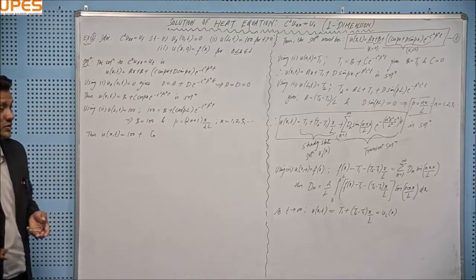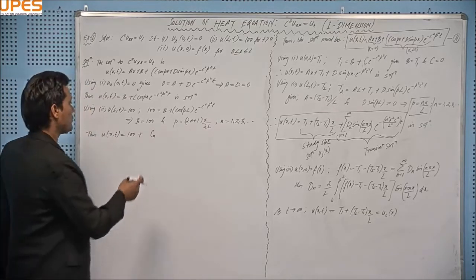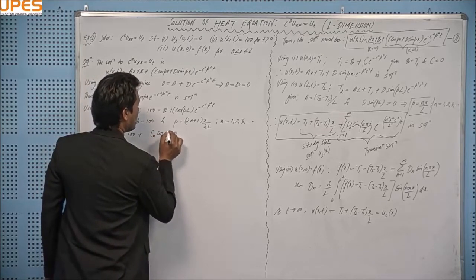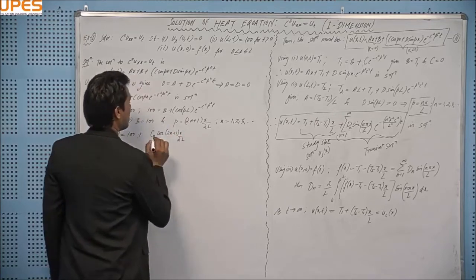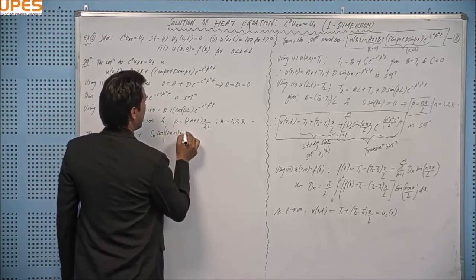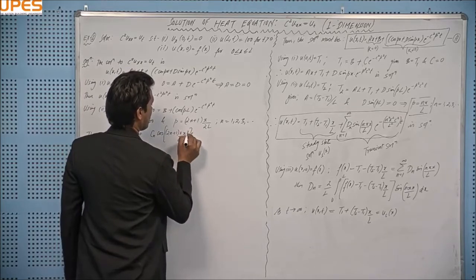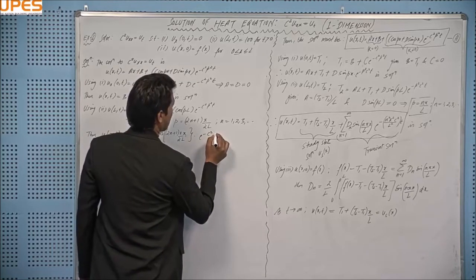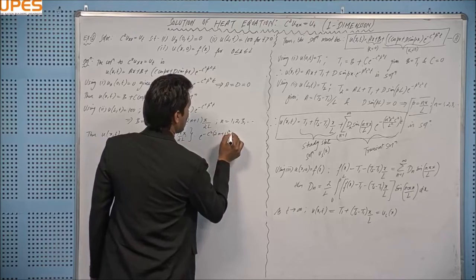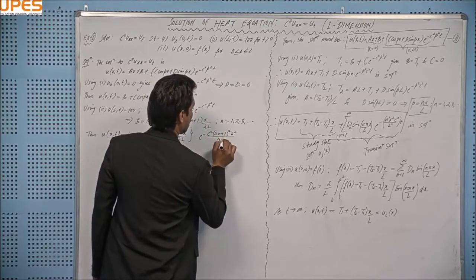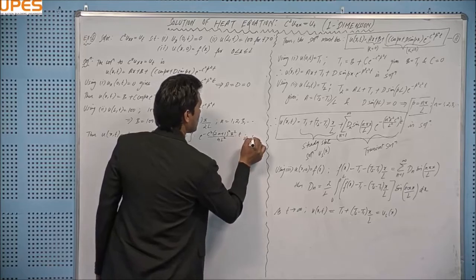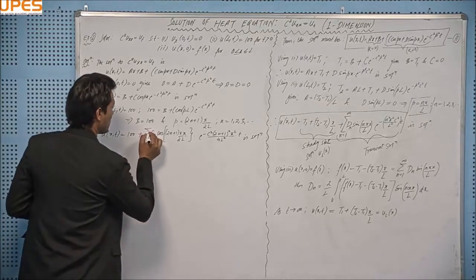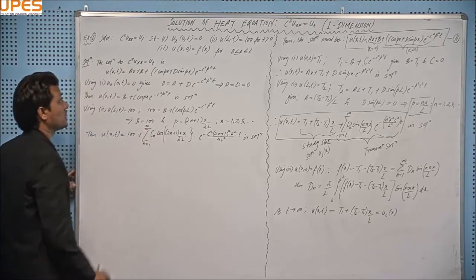If n is ranging from 1, 2, 3 and so on, I have to write Cn, a linear combination of solutions, cos of (2n plus 1) pi x over 2L, and here e to the power minus c square, and then the value of p square, (2n plus 1) square pi square over 4 L square t is the solution. This is a solution, and obviously I have to put summation here, n equal to 1 to infinity.